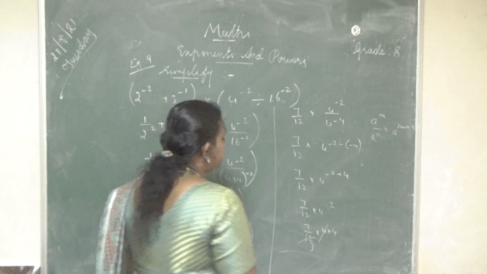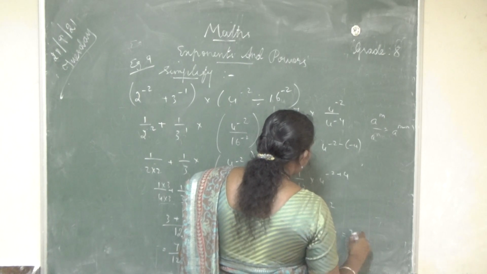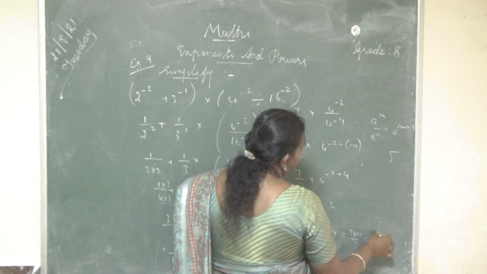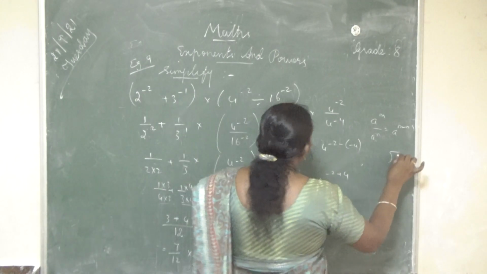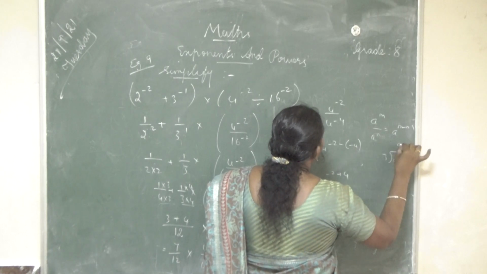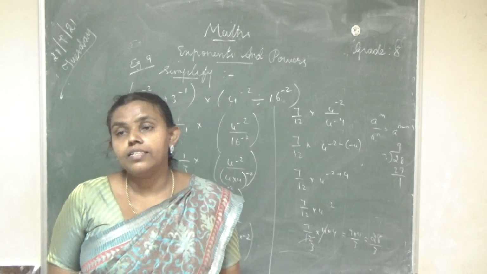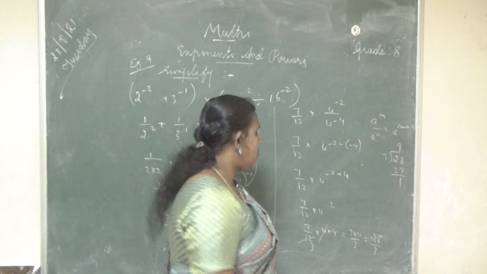So what is left? 7 into 4 by 3, which is equal to 7 fours are 28 by 3. So this is 28 by 3, an improper fraction. So I'll convert this into a mixed fraction. 9 threes are 27, 1 remainder. So how will you write?